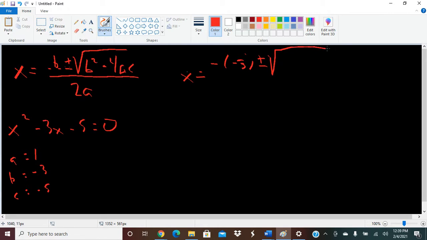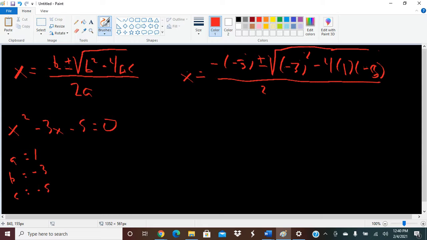Plus or minus the square root of negative 3 squared, minus 4 times 1 times negative 5. And that's a 5. Let me write that a little bit better. And remember, all that is over 2 times 1. That's 2a.